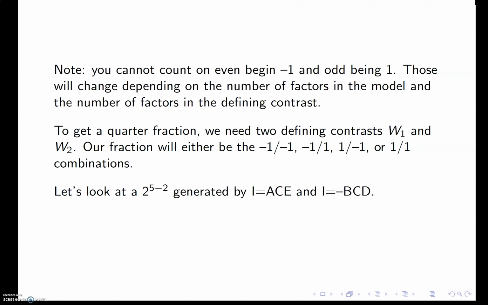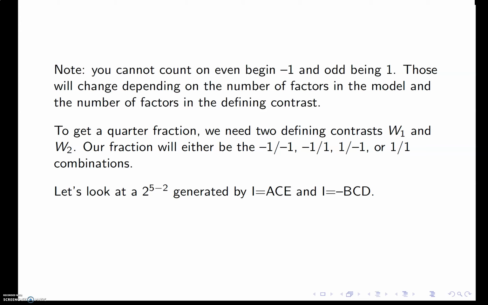So everything, just like with the confounding using incomplete blocks, that defining contrast completely determines the effect of the use of the -1 or +1. I wouldn't try to memorize general rules about what's going to happen. I think it's best just to work it out for a particular design and then see what effect you want.